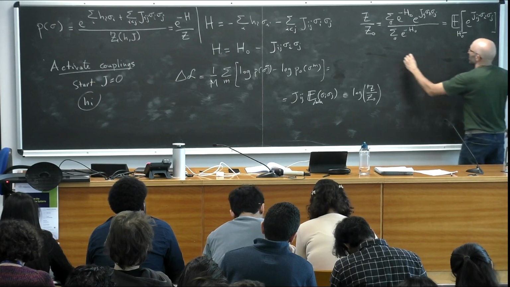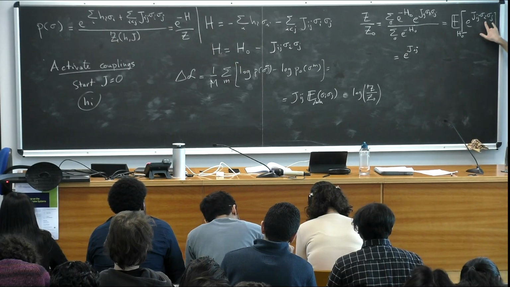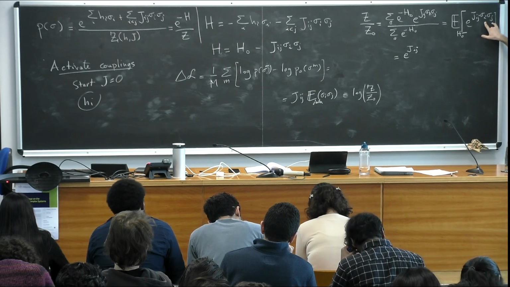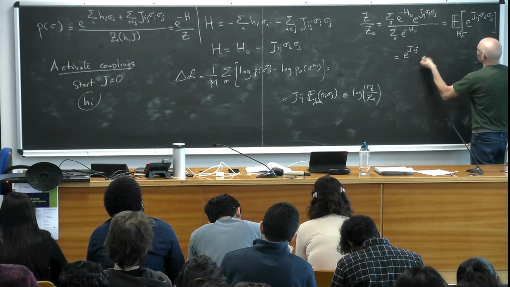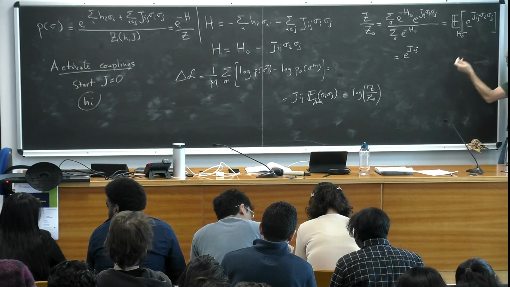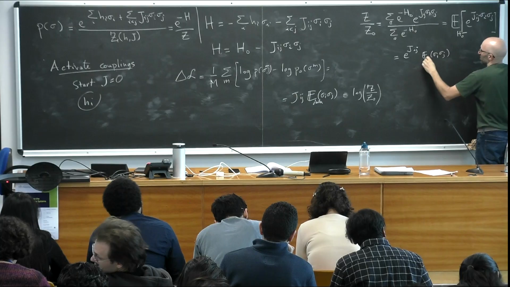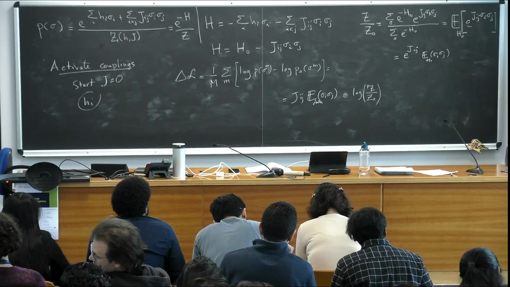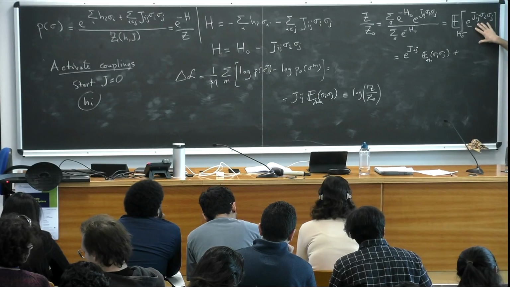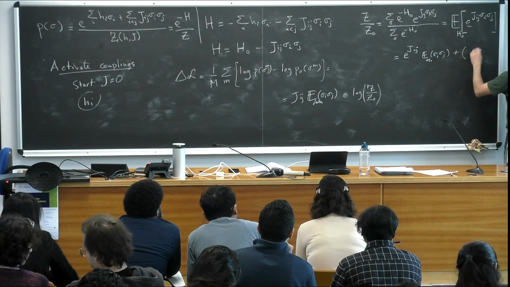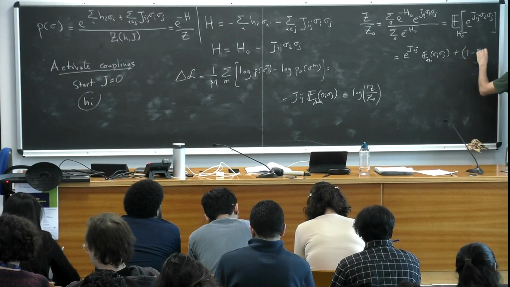So this is e to the j_ij if sigma_i sigma_j is equal to 1, times the probability that sigma_i sigma_j is equal to 1, which is basically the expectation of sigma_i sigma_j over H0, plus, if sigma_i sigma_j is equal to 0, this is 1, and the probability that sigma_i sigma_j is equal to 0 is 1 minus this.